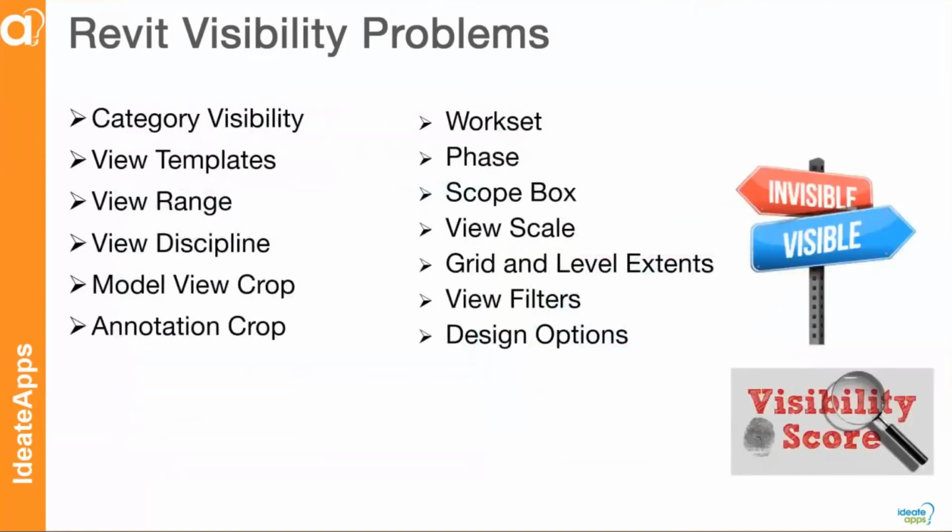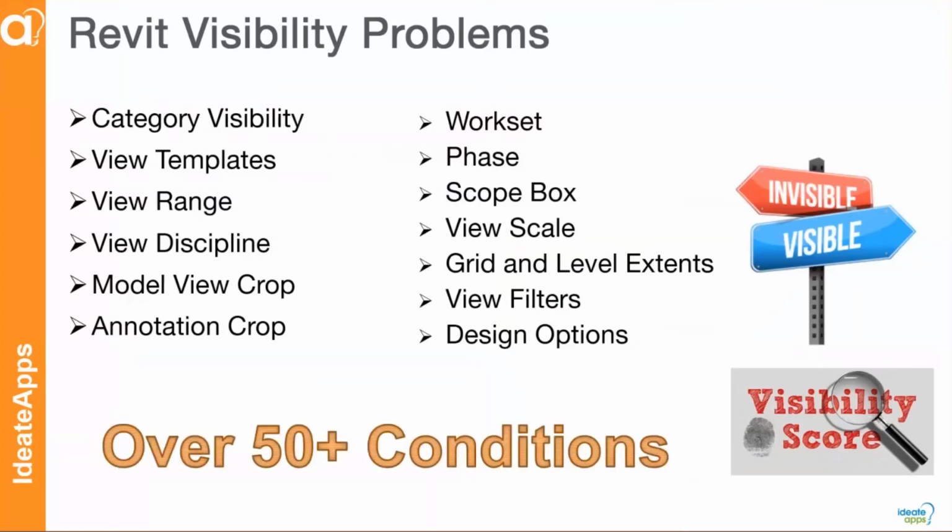Here are some of the major visibility issues that we're going to be covering today, or most of these anyway, if we have time. These are things that are not just the category, but view templates, view range, discipline, model and annotation crops, and so forth. And like I said, we've actually uncovered over 50 different conditions that Ideate XRay will review for you.